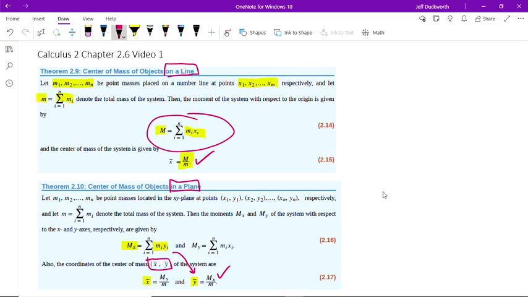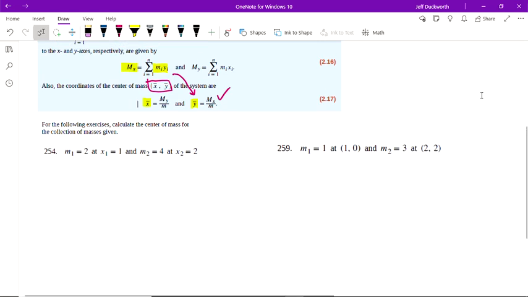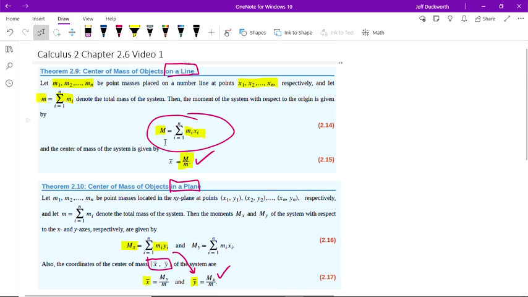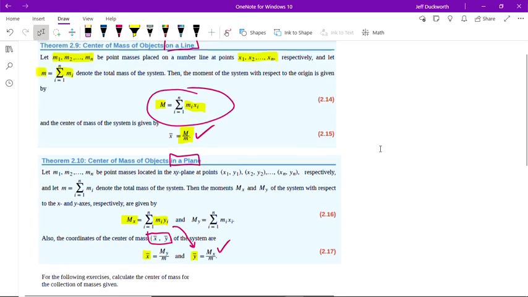All right, so let's try a couple problems here. So the first problem, number 254, is just going to be a center of mass based upon just 2. So n in this case equals 2. So if we recall our formula up here, we're just using m.